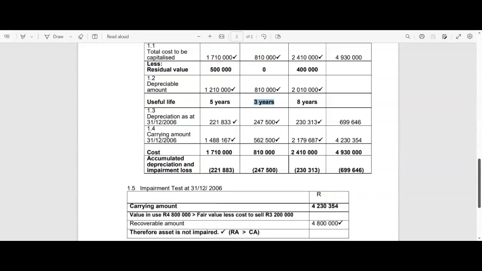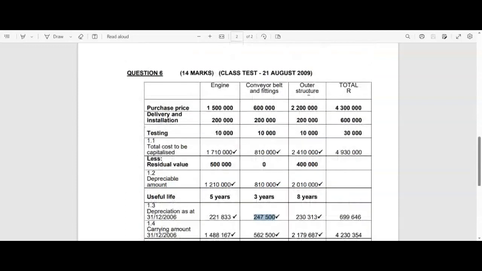So we say multiply by 11, divide by 12. And that gives us 247,500. There we go, 247,500 rands.